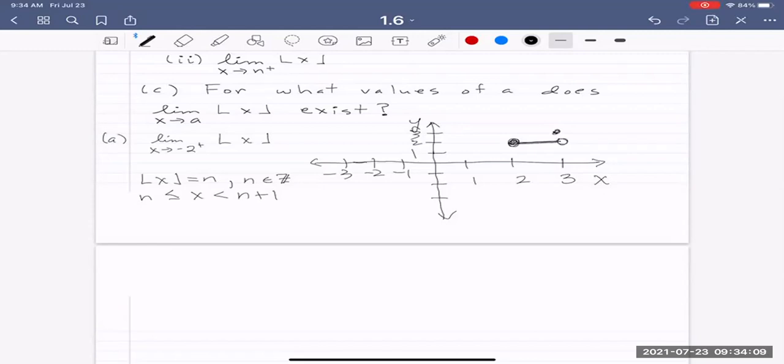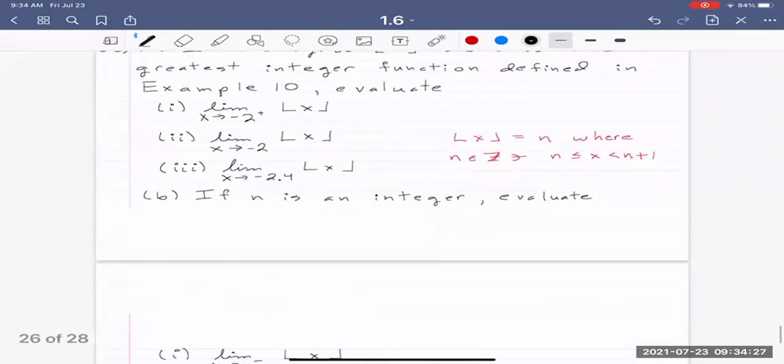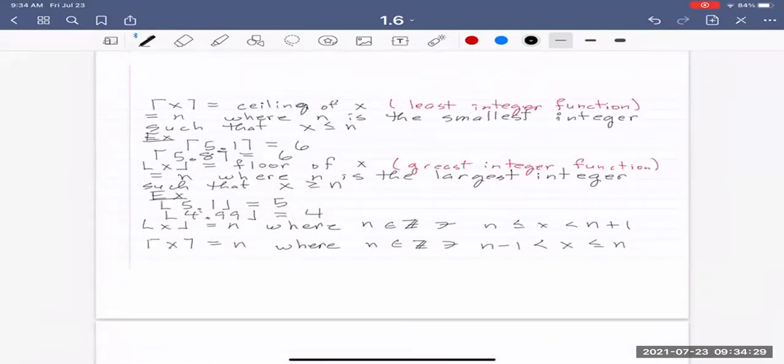Next. Well, if I'm in between 1 and 2, 1.5, etc., then it's going to equal 1. Think of it as truncation. So it was 5.1, so I just got rid of the 0.1. 4.99, I just got rid of the 0.99.